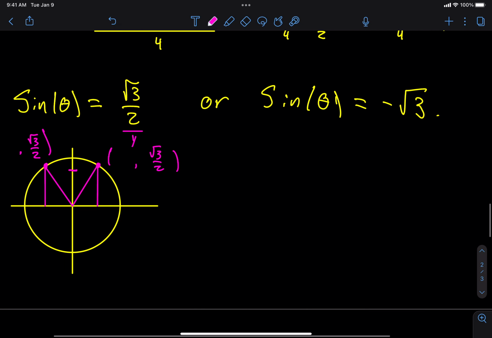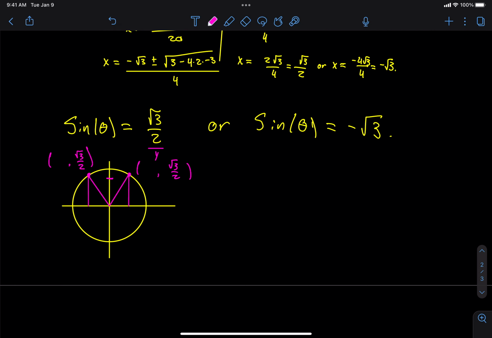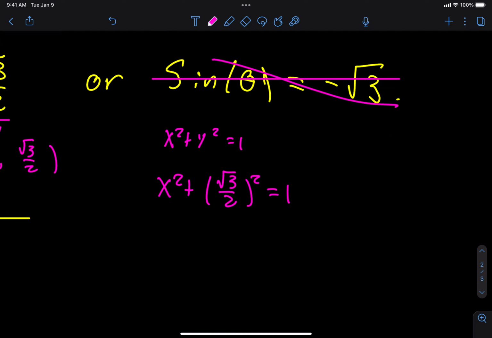Okay, so let me show you how you would do it using the Pythagorean theorem. We already decided we don't need to do that, so I'm going to get rid of that. Pythagorean theorem says what? x squared plus y squared is equal to 1, right? We want to know what x is. We know that y is square root 3 over 2. So x squared plus square root 3 over 2 squared is equal to 1.